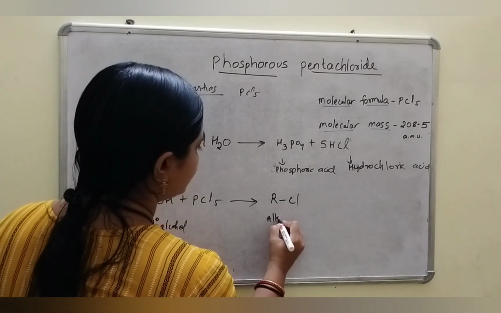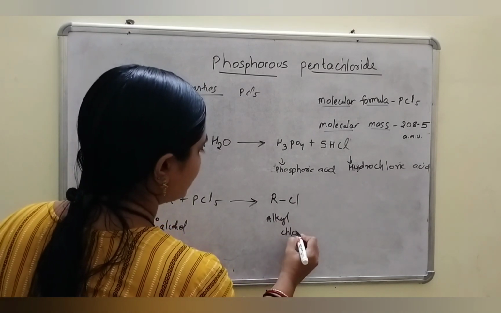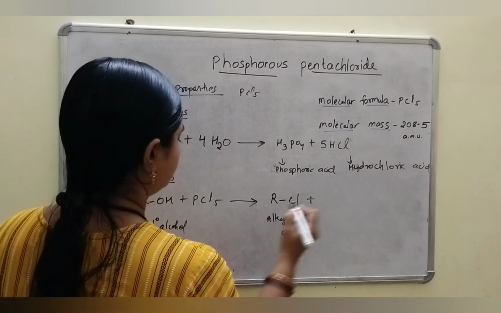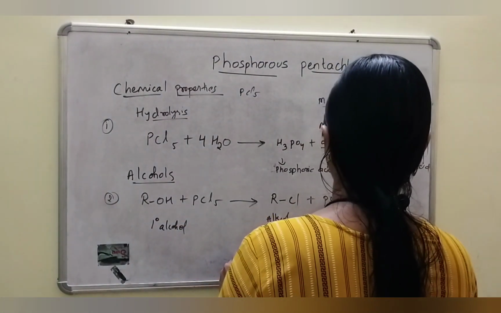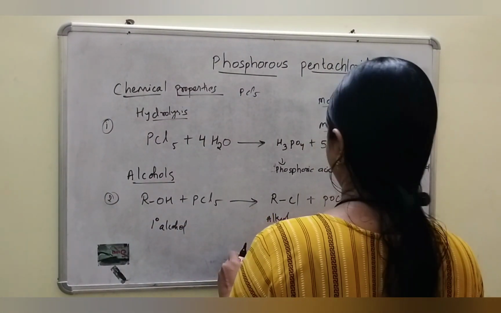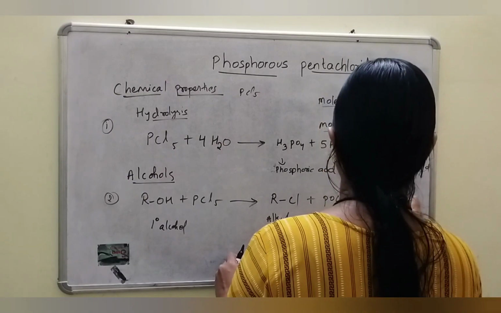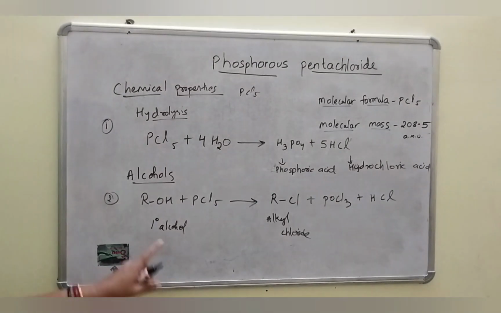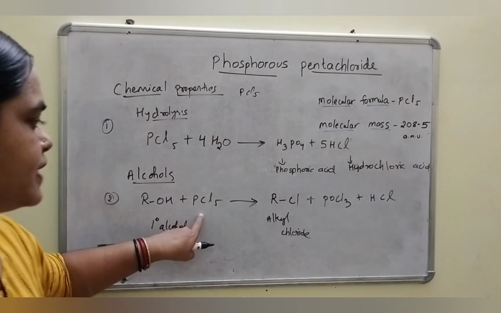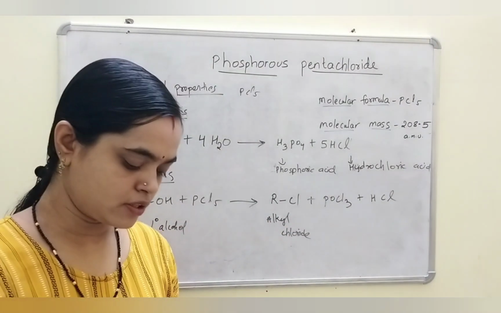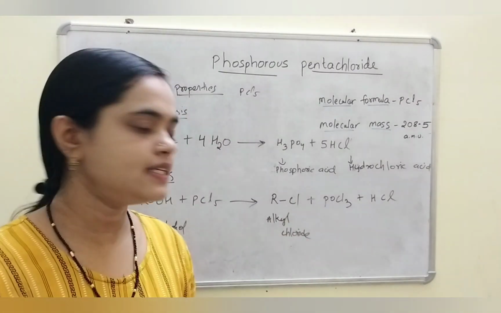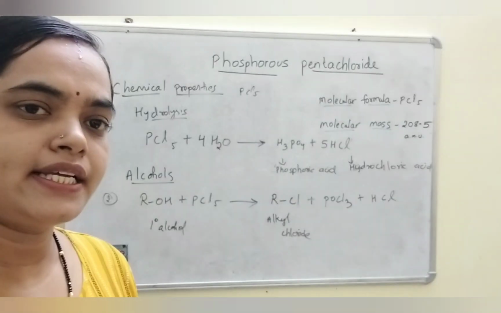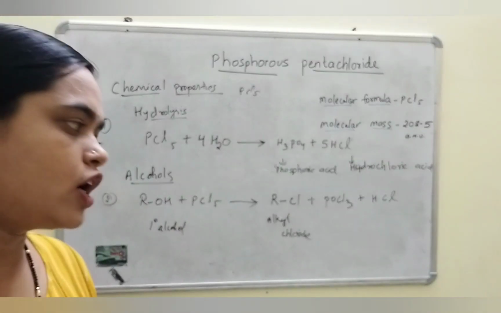They give alkyl chloride plus POCl3 plus HCl. So primary alcohols when treated with PCl5 give alkyl chlorides. To prepare the alkyl chlorides, here phosphorus pentachloride is treated with primary alcohols.